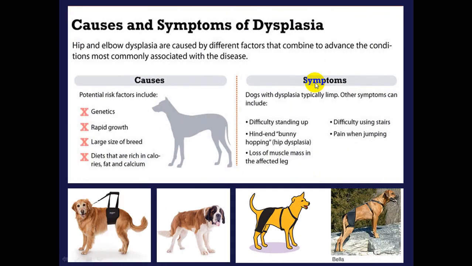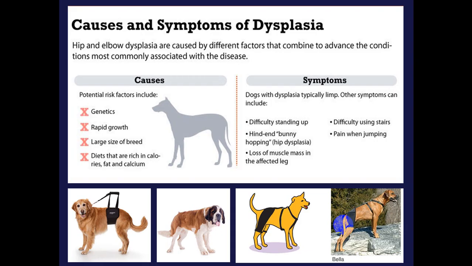In some severe cases, usually the animals will be paralyzed, and the muscles in the limb will usually be thin because they are inactive.